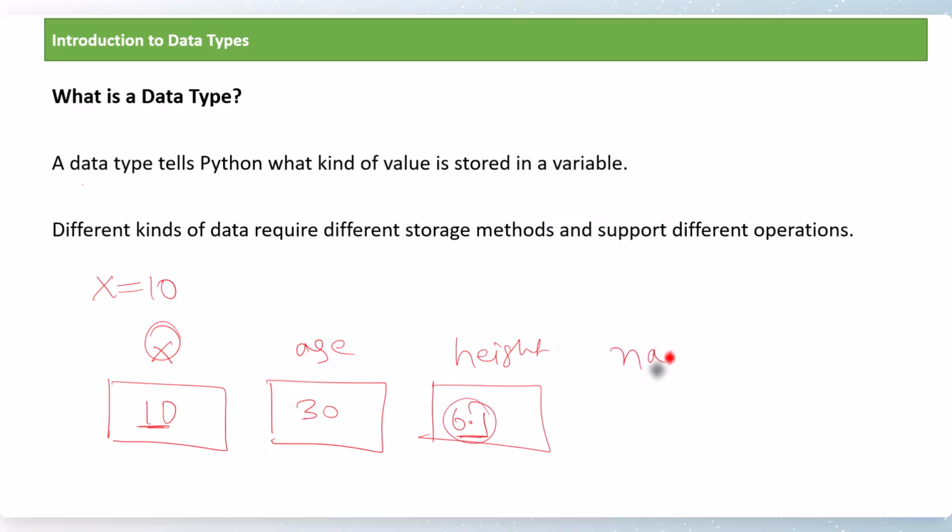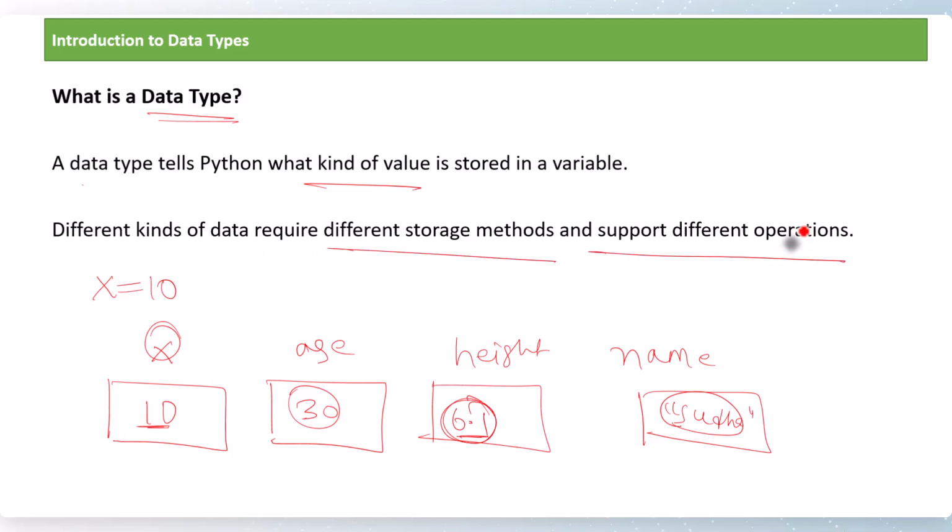For example, name, so name is Sudhakar here. You see the data 30 here, it is an integer. 6.1 is a floating point number. Sudhakar is a string. A data type tells Python what kind of value is stored inside a variable. Different kinds of data require different storage methods and support different kinds of operations.